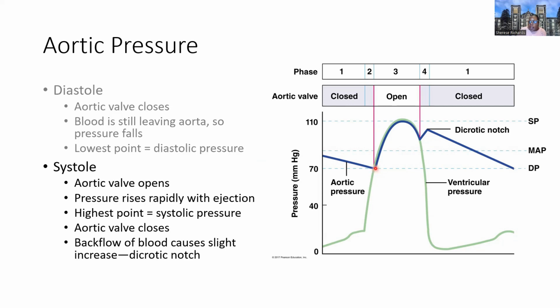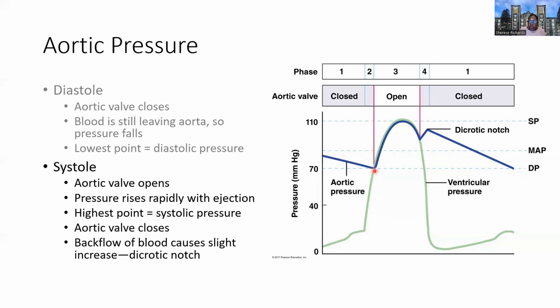Now we can look at the systolic pressure, what happens during systole. So during systole, blood is being ejected from the ventricle. Remember, diastole and systole are from the perspective of the ventricle. So blood is leaving the ventricle, moving out into the aorta, and so the aortic valve and semilunar valve, both valves, are open. That would be corresponding to phase 3.